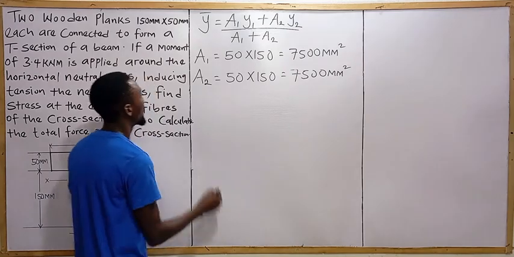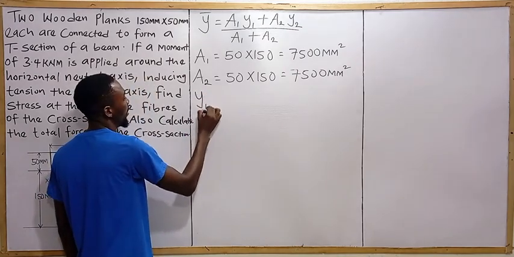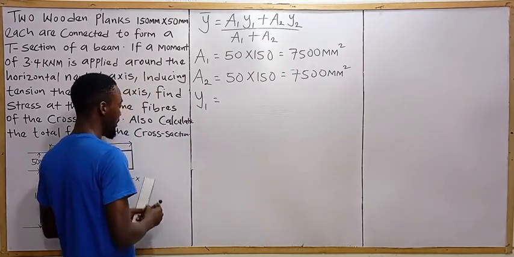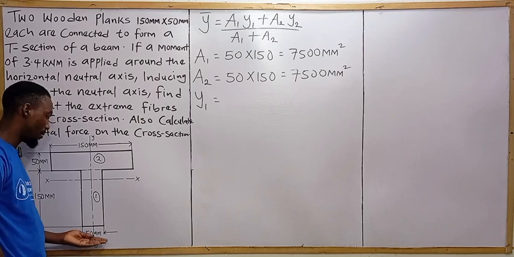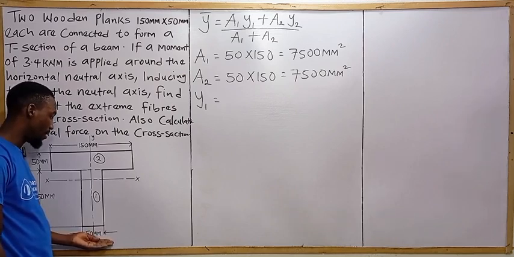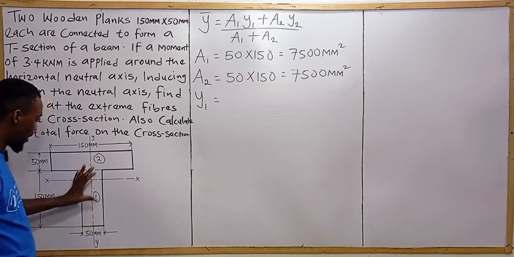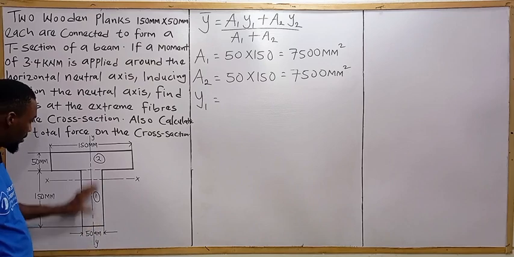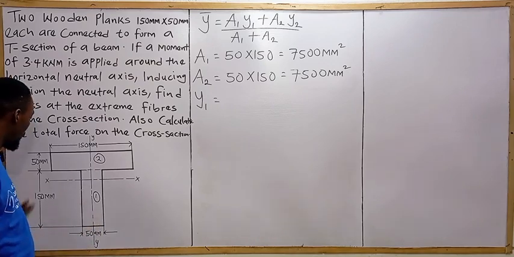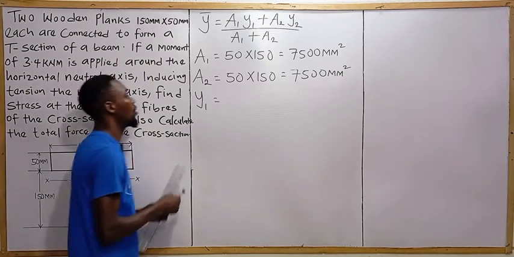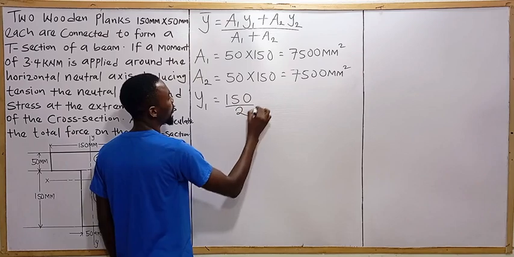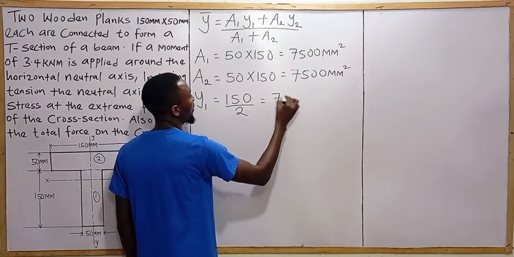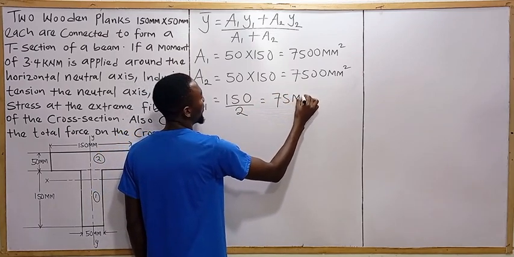All right, so let's go for our y1. Our y1 is the distance of the center of gravity of the first rectangle from the bottom face. The total depth is 150, so it's going to be 150 divided by 2, which is 75 mm.